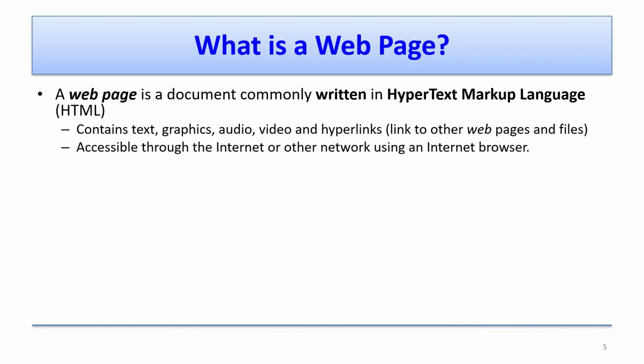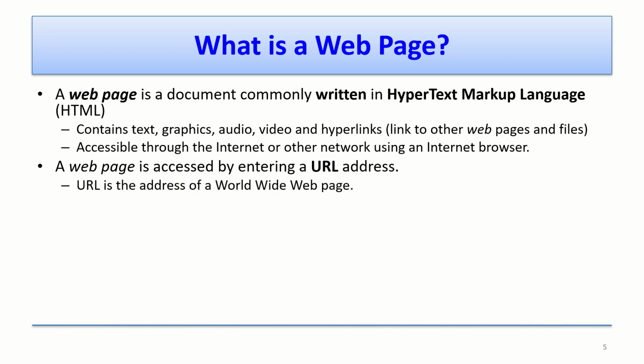We can access the web page through the network using a special type of application called a web browser. A web page is accessed by entering its address, what we call the URL, Uniform Resource Locator. The URL is the address of the web page on the World Wide Web.